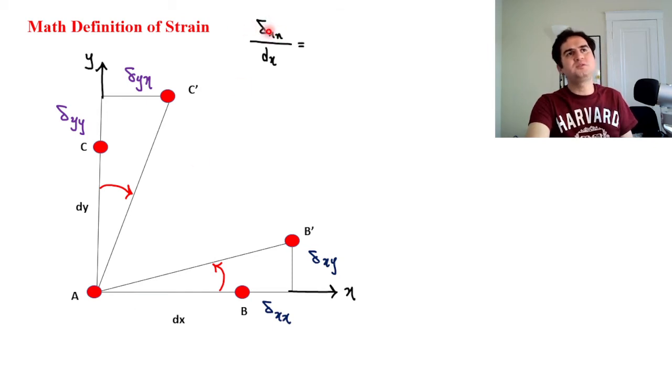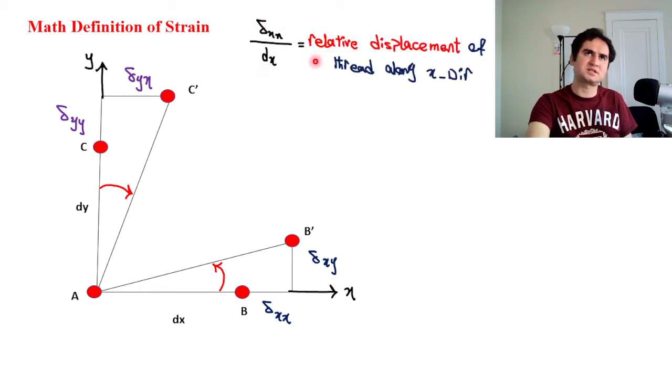Now if you want to see what the relative displacement is, delta xx over dx is called the relative displacement of the thread along the x direction.